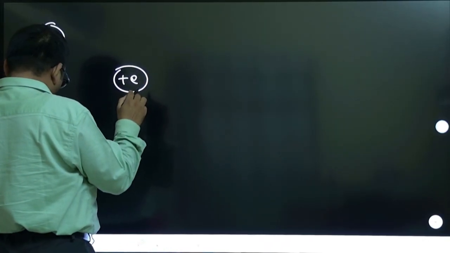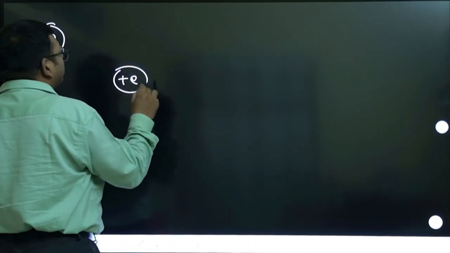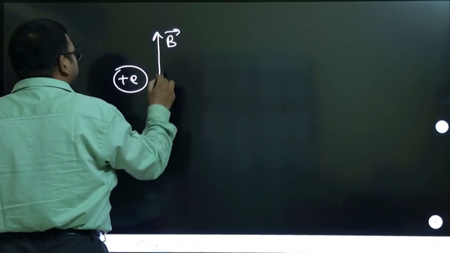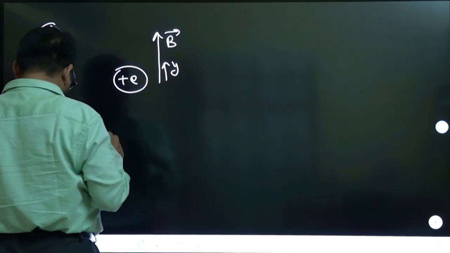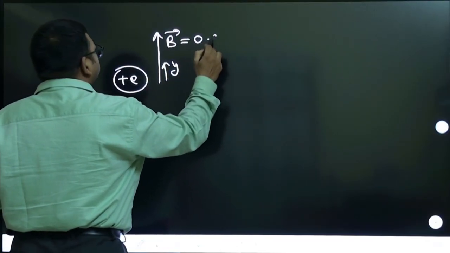Electric field we do not know, but the magnetic field is along the y-axis. The uniform magnetic field value they have also given, 0.01 Tesla.